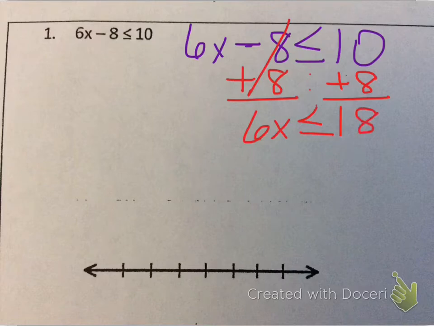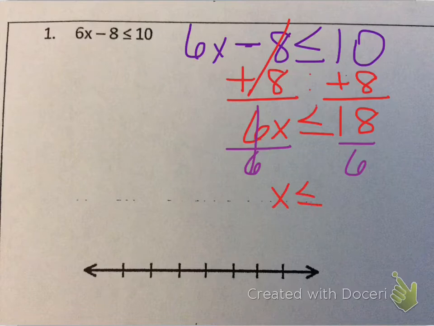Now I need to get my x all by itself, so I'm going to get rid of that 6. In order to get rid of that 6, I'm going to divide by 6 on both sides. I'm dividing by a positive, so I don't have to worry about anything here. My 6's cancel out, and I'm left with x is less than or equal to 18 divided by 6 is 3. Okay, we're going to graph that.